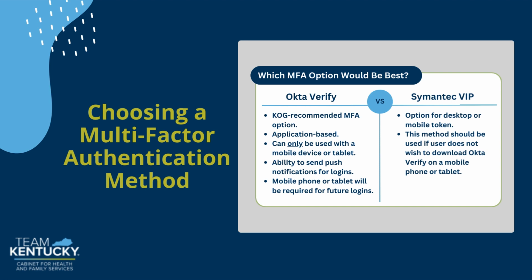A phone number can also be registered as an additional security option. Users are required to set up their preferred authentication method during their first login and will need to authenticate their account for each subsequent login. Please take note of this chart to identify which MFA option would be best for the user. For additional information on how to set up MFA, please refer to the user guide.